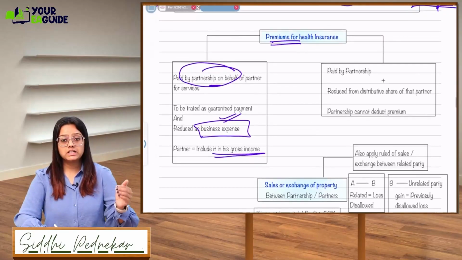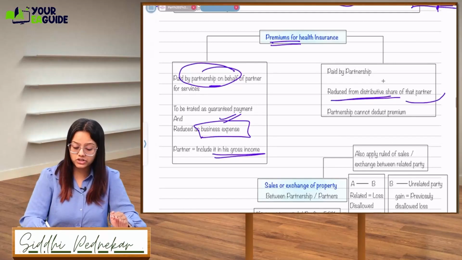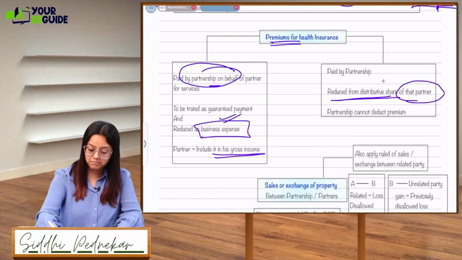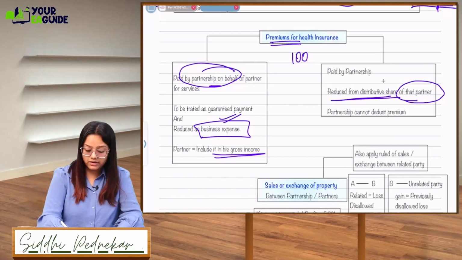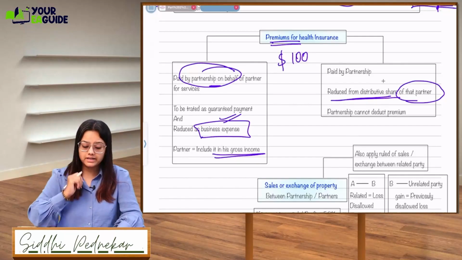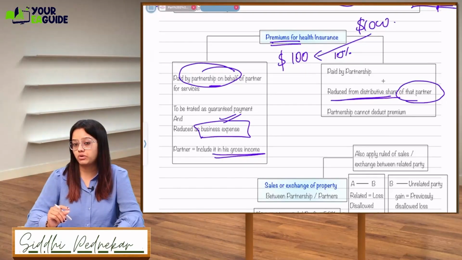But if it is paid by the partnership and also reduced from the distributive share of the partner, then the partnership cannot deduct the premium. A simple example: $100 is getting distributed. Let's say they have earned $1,000 and Mr. A's share is 10%, so his distributive share is $100.